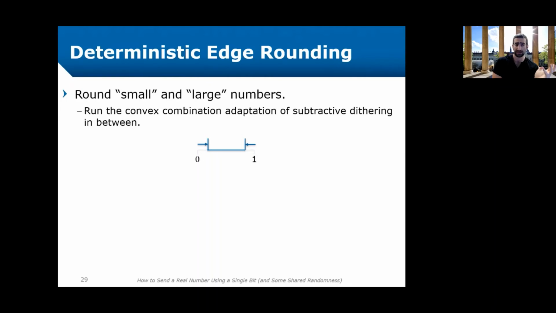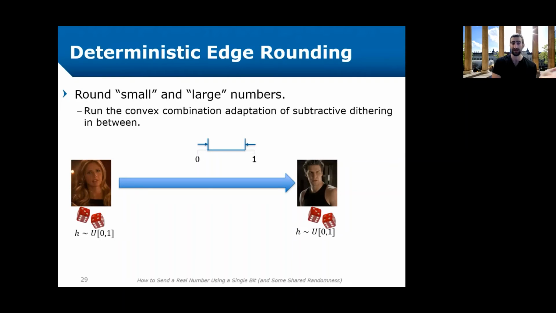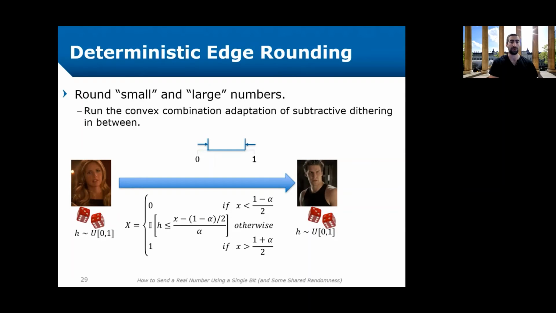When Buffy sends the message, it will always send 0 if X is small, and always send 1 if X is large. In between, we will run the same subtractive dithering with a convex combination, right? So Angel's algorithm is exactly the same.